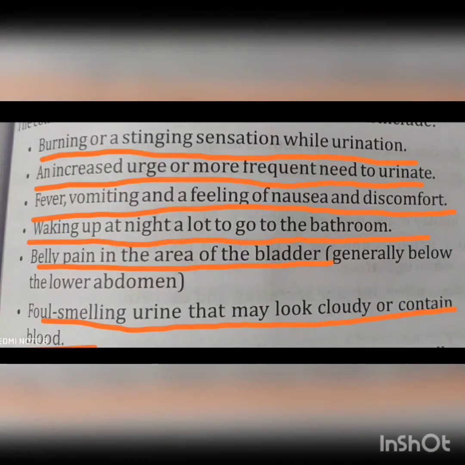An infection that travels up the ureters to the kidneys is usually more serious. It can cause permanent failure of the kidneys.